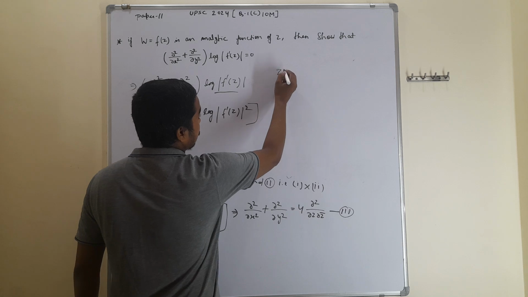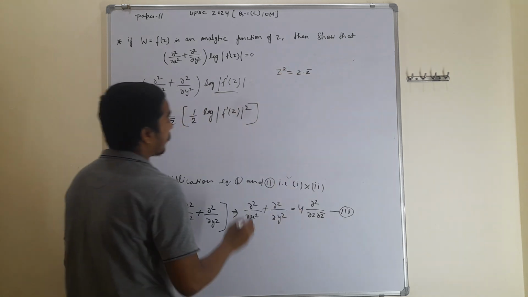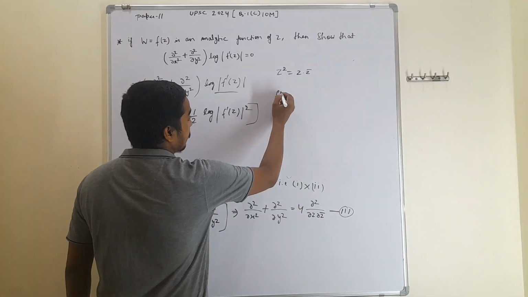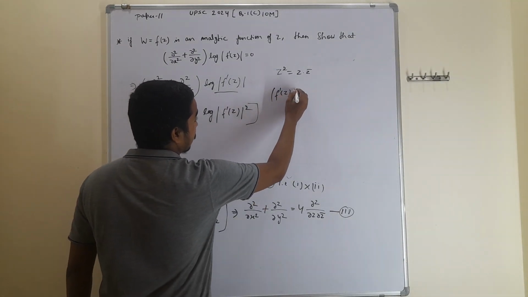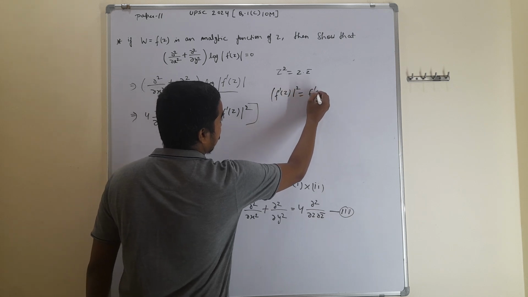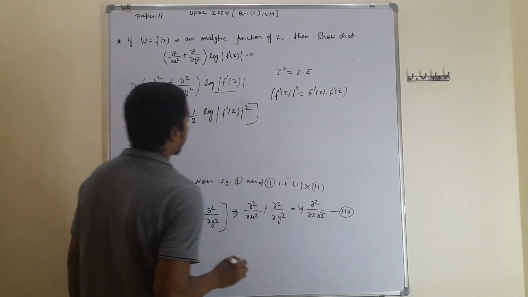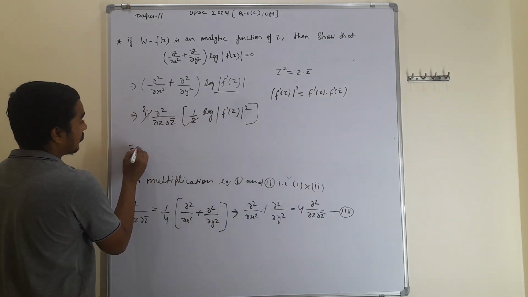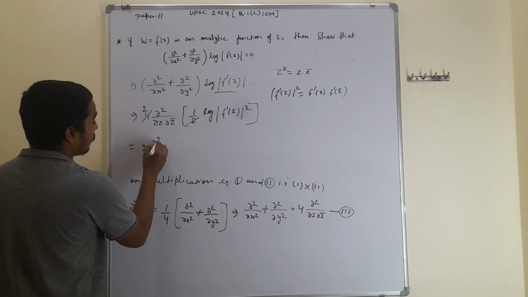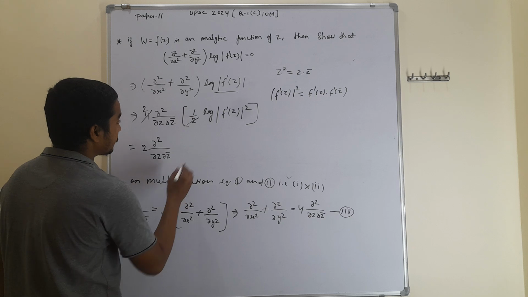We know in complex quantities, |z|² is written as z times z̄. So |f'(z)|² is written as f'(z) times the conjugate f'(z̄), and the 2 and 2 make 4, cancel out, that is 2 ∂²/∂z∂z̄.